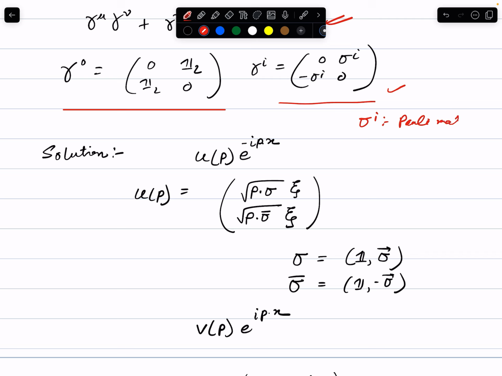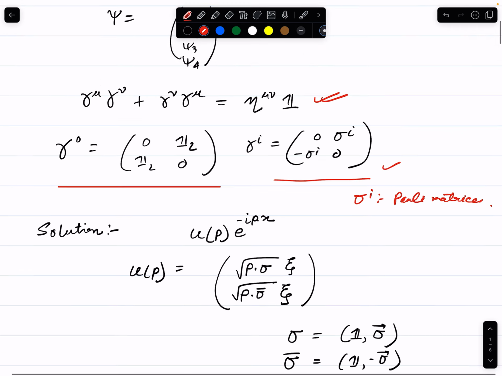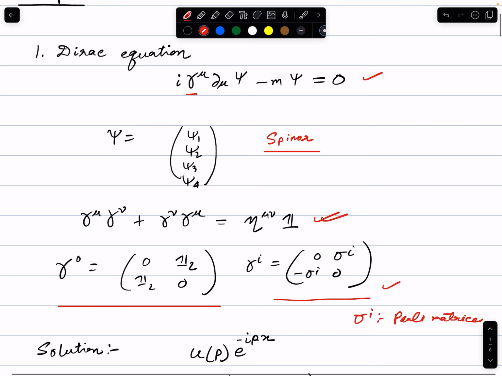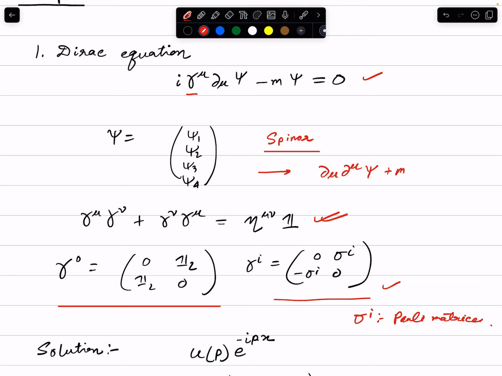And then we look for solutions of the Dirac equation, and I showed that each of the components psi 1, psi 2, psi 3, psi 4 individually satisfy the Klein-Gordon equation, plus or minus depending on the choice of signature, m square psi.